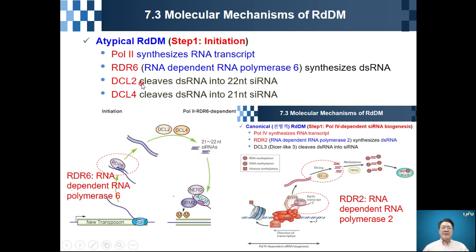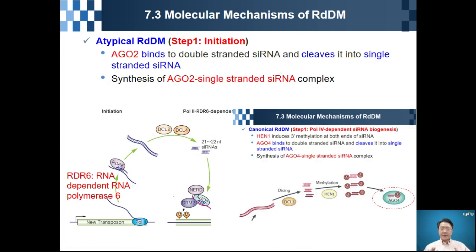Especially DCL2 cleaves it into 22 nucleotide siRNA, and DCL4 cleaves the double-stranded RNA into 21 nucleotide siRNAs.